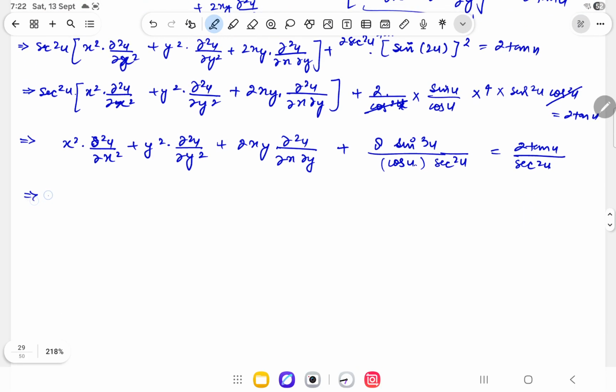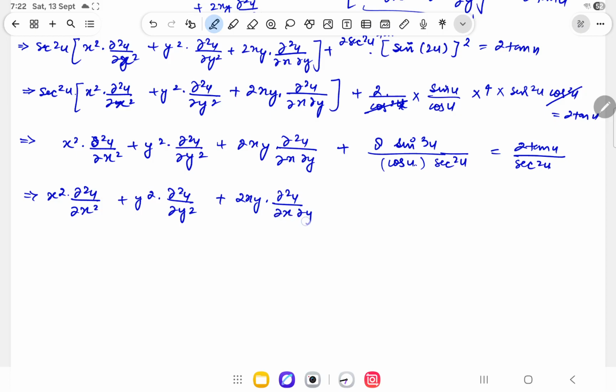So we are left with x square into del square u by del x square plus y square into del square u by del y square plus 2xy into del square u by del x del y plus 8 sin cube u. This sec square will give us cos u, is equal to 2 sin u by cos u into cos square u.